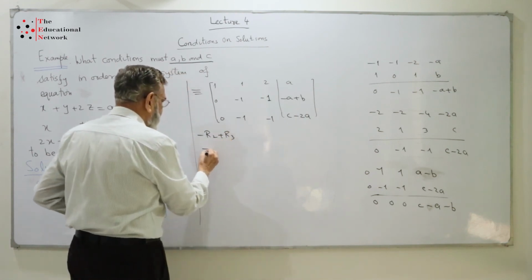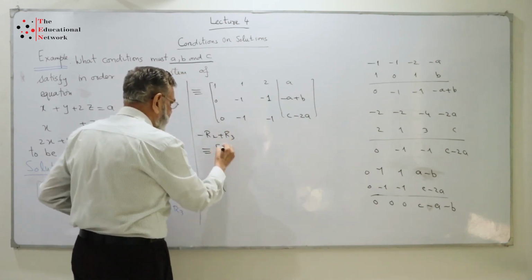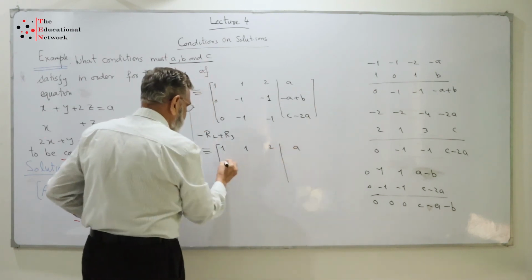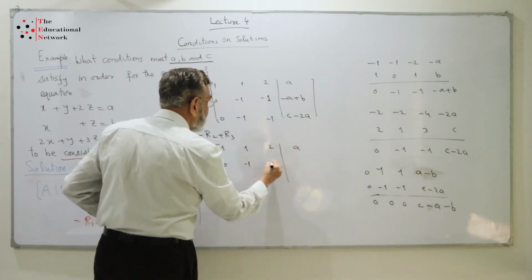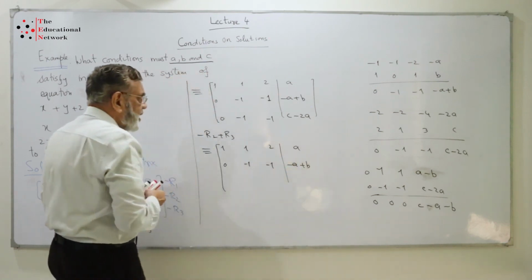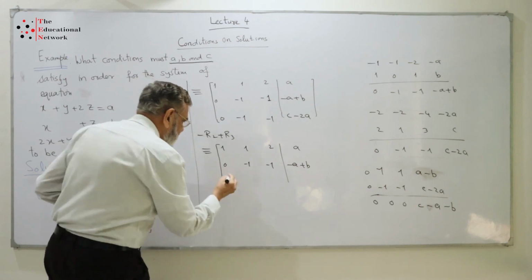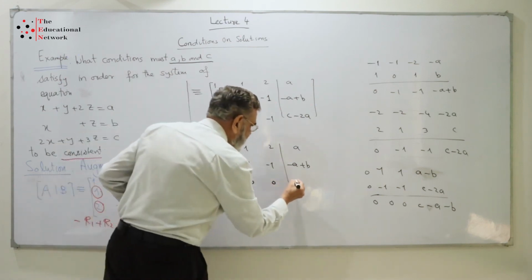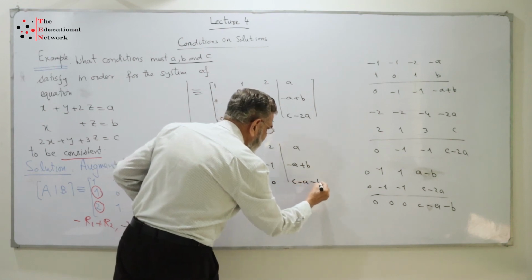I rewrite this. The first row is 1, 1, 2, and a. The second row is 0, -1, -1, minus a plus b. And my third row is 0, 0, 0, and c minus a minus b.